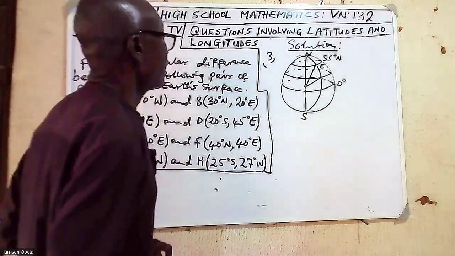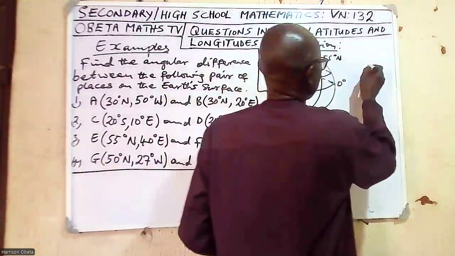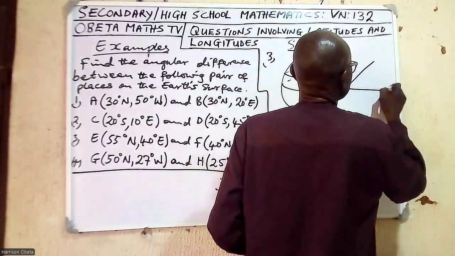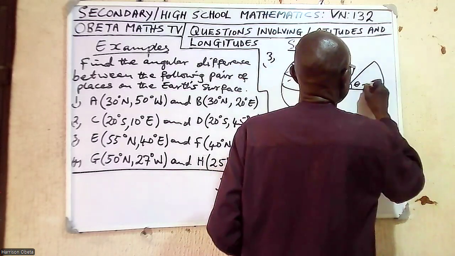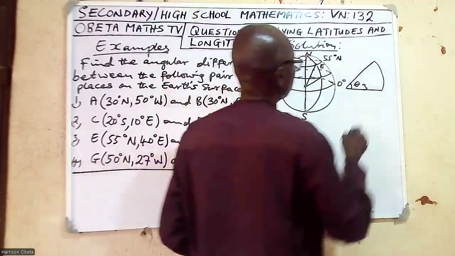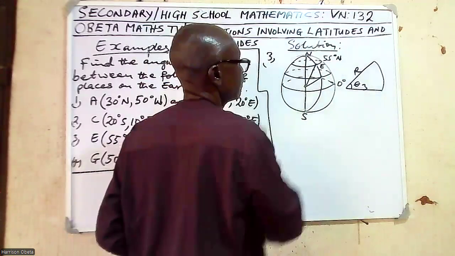Now, we are talking of how to get, let's call this theta 3. So if I bring this thing out, I call this theta 3. Remember, this should be my capital R, because this is the big center.